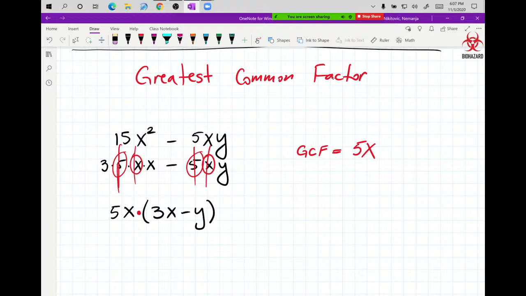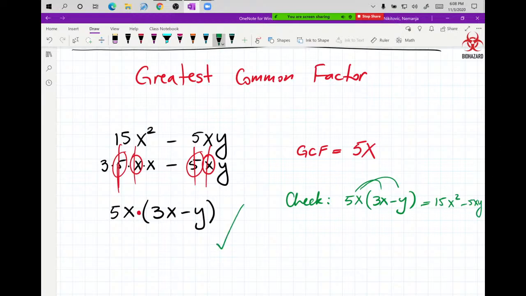Now here, if you are not lazy, you can know 100% of the time that you are correct, because all you need to do is distribute this 5x into this parenthesis, and you will get 5 times 3 is 15, x times x is x squared, minus 5xy, which matches your problem, and you know that this is 100% correct.